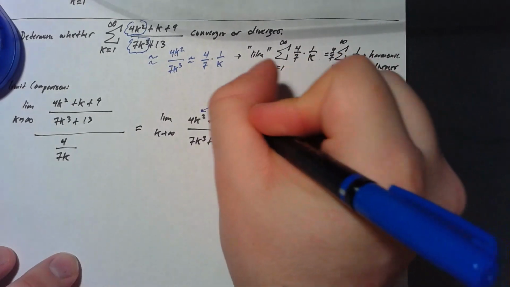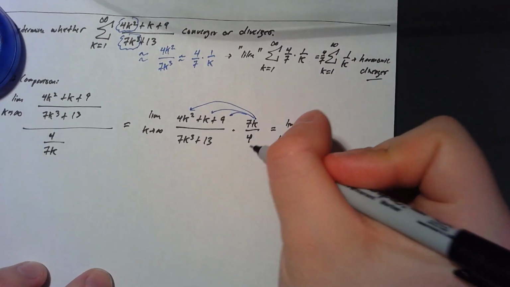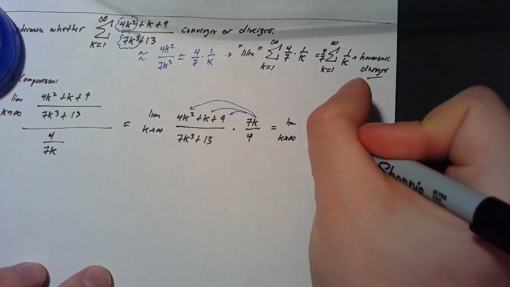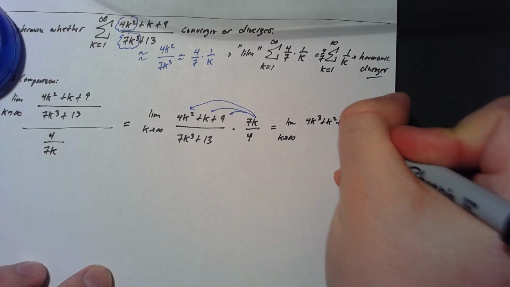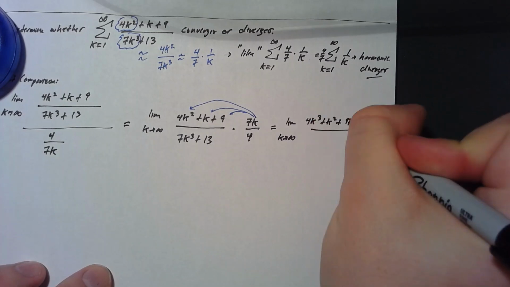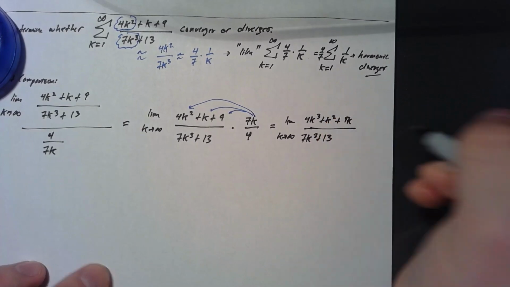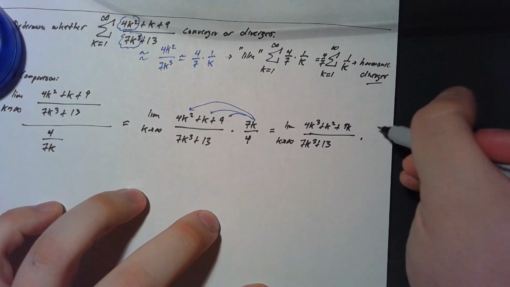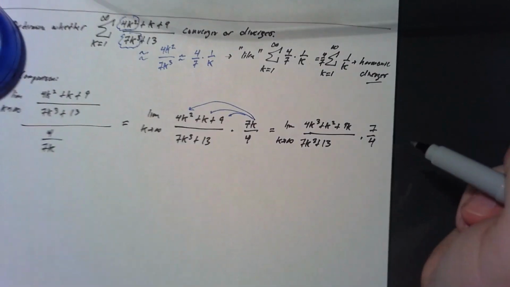I mean, it'll work out either way. I'm just going to distribute the k in. So when I do that, 7/4 is right here, right? So when I distribute the k in here, I'm going to get 4k cubed plus k squared plus 9k all over 7k cubed plus 13, and that's going to be times 7 over 4, because I just factored in the k. The 7/4 is still there.